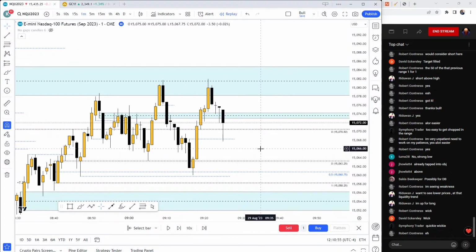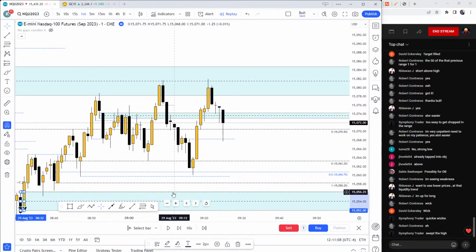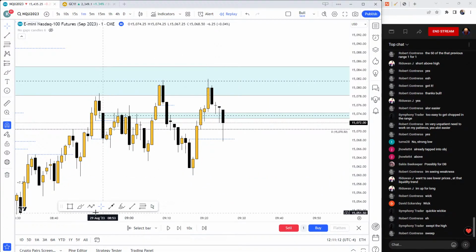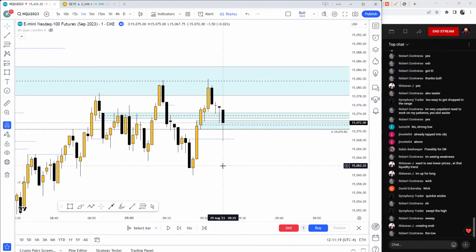Okay, where are we going? Took us right back down to here, this manipulation leg. Let's get rid of some of this stuff. Little fractal there, but we're actually not looking at that, are we?